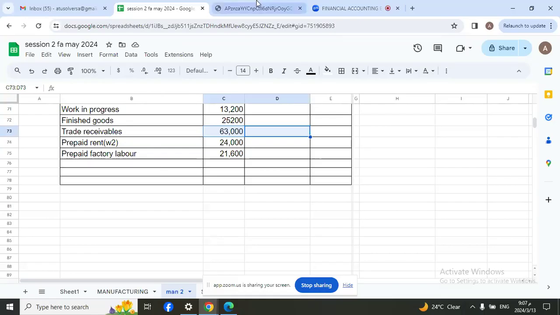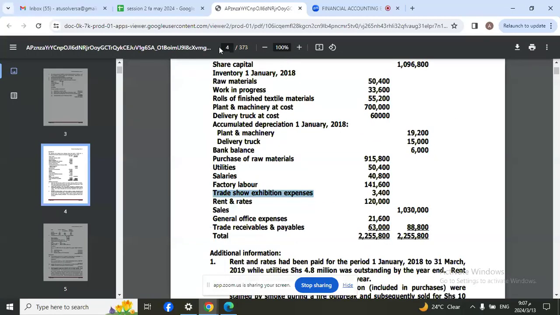So what else do we have? You check the question. Inventory done. Bank done. So our prepayments are done. Maybe if there is any other thing. Do you have any other thing?